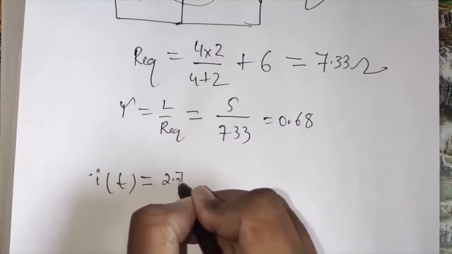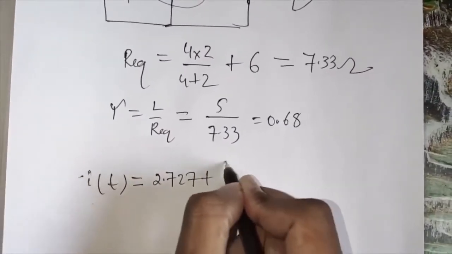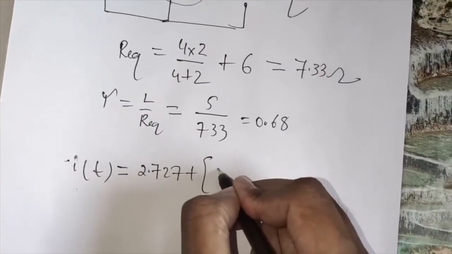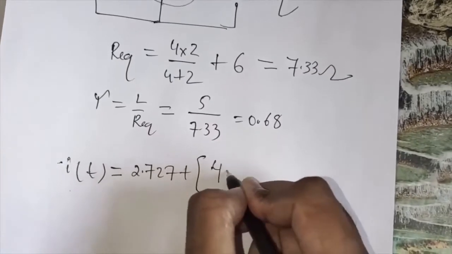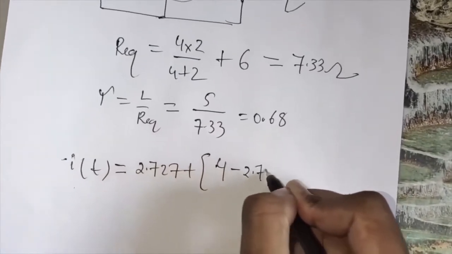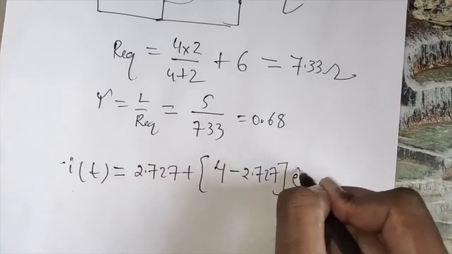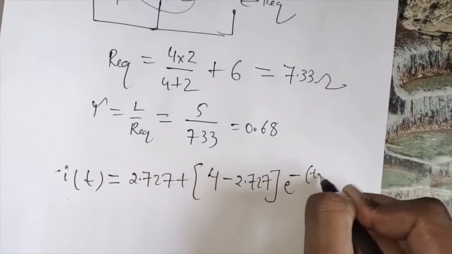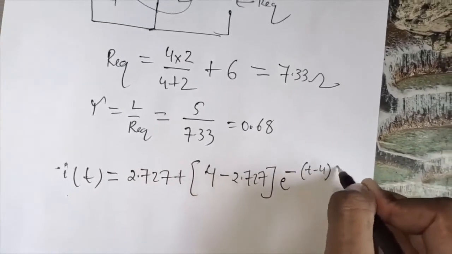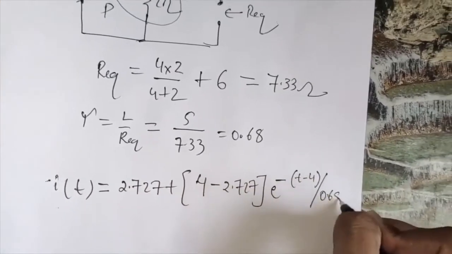So therefore, substituting all these values in the general expression, I of t is equal to I of infinity, which we have got as 2.727, plus I of 4 seconds, which we have got as 4 amps, minus 2.727, into e power minus t minus 4 by 0.68.